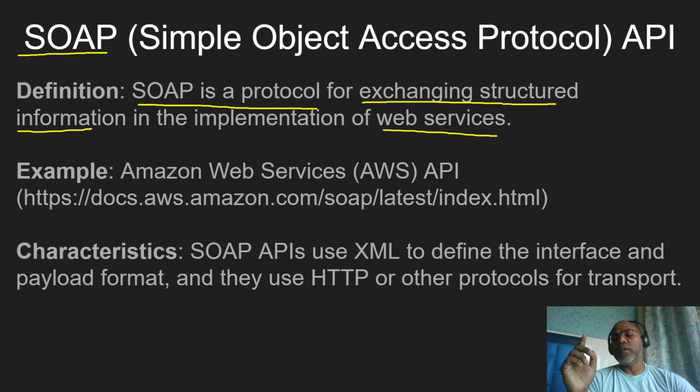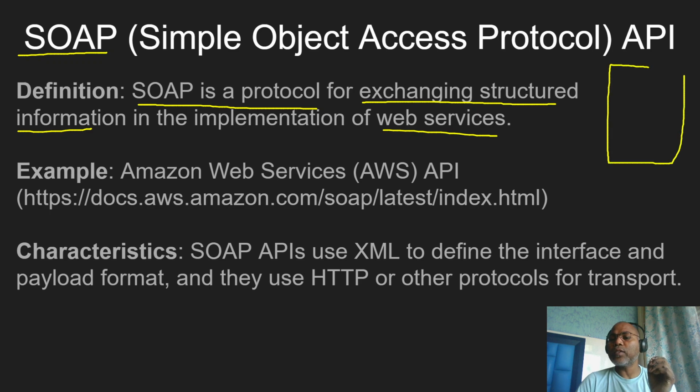So at that time, web services were developed for the SOAP API, and SOAP is a very specific protocol for exchanging information between web services, which use XML based notation and data.